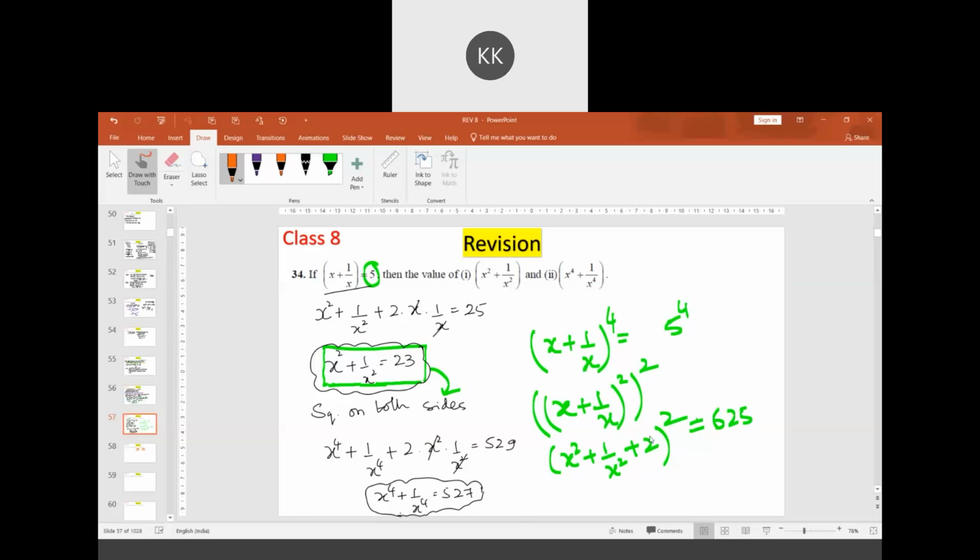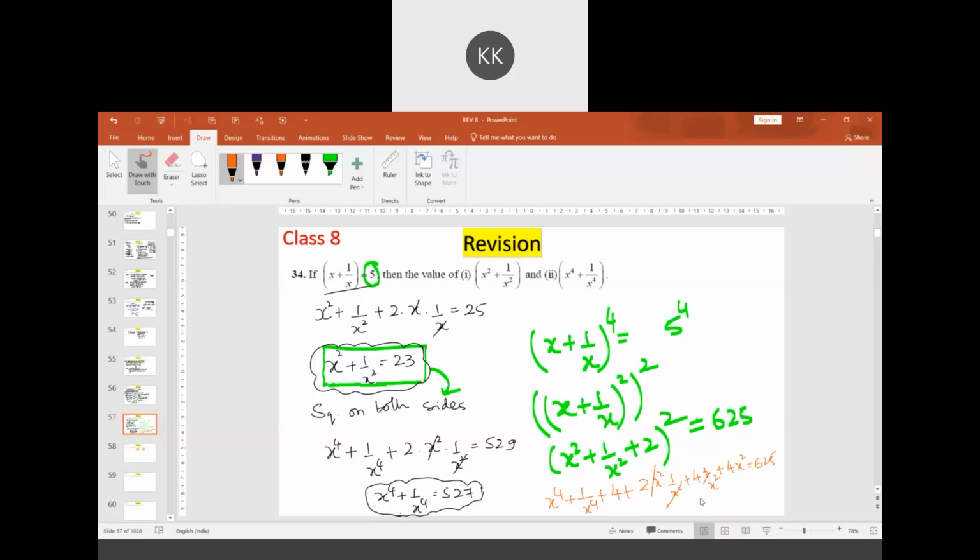A plus B plus C whole square is A square plus B square plus C square plus 2AB plus 2BC plus 2CA. Here 2AB term is 2 times x square into 1 by x square. 2BC term is 4 times 1 by x square. 2CA term is 4 times x square, which is equal to 625. Now we have 1 by x square and 1 by x square. What we have to do here?